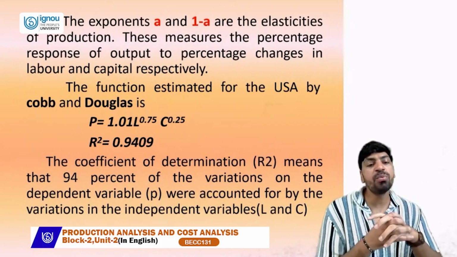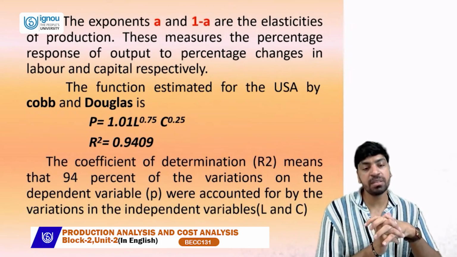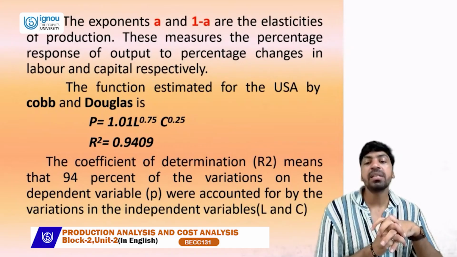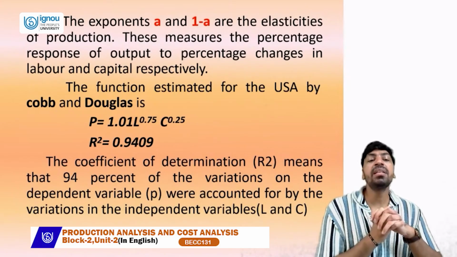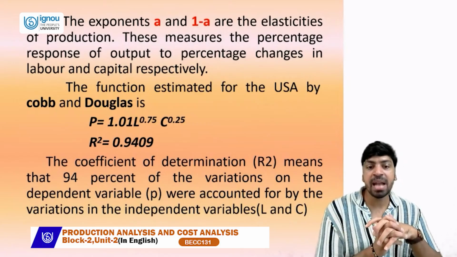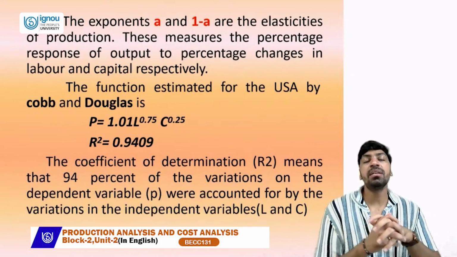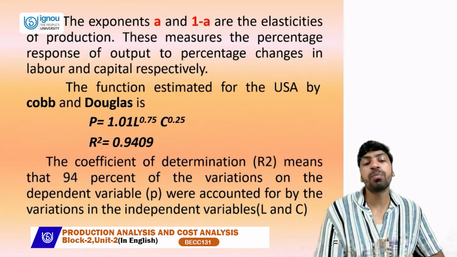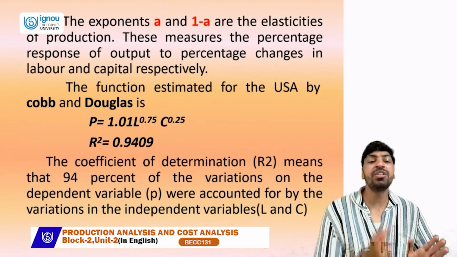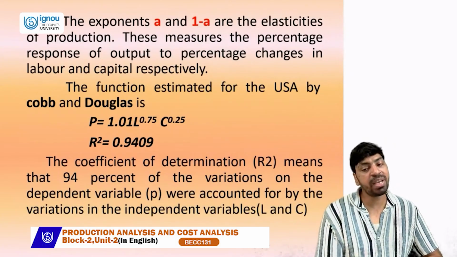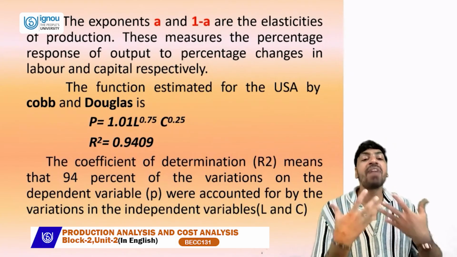So R squared is a coefficient of determination, which means that 94% of the changes in the dependent variable, that is production or output, were accounted for by the changes in the independent variable. That's called the factor input.